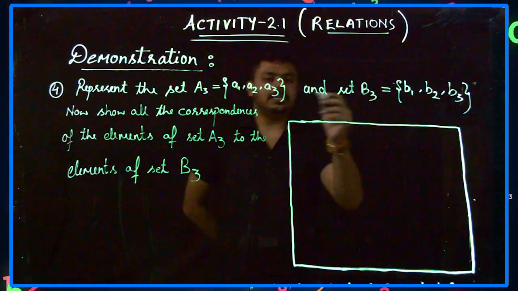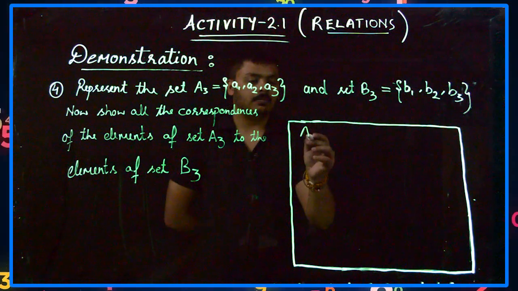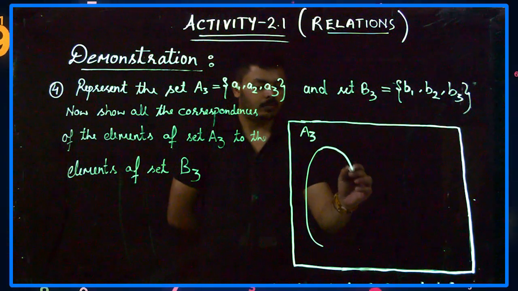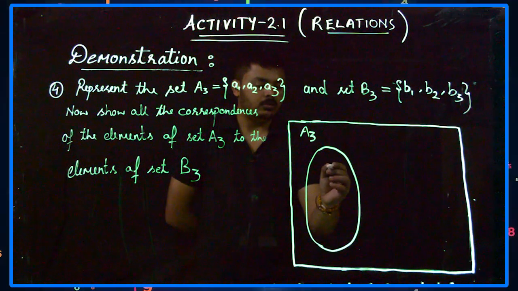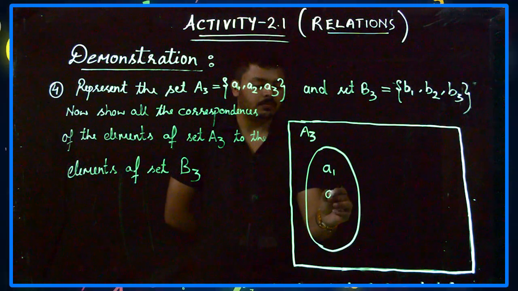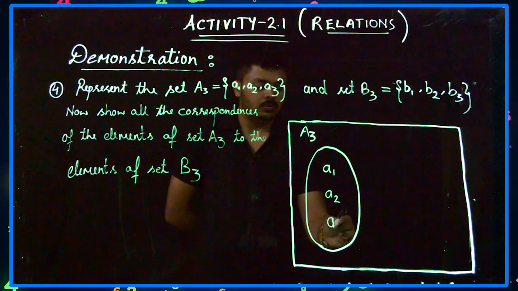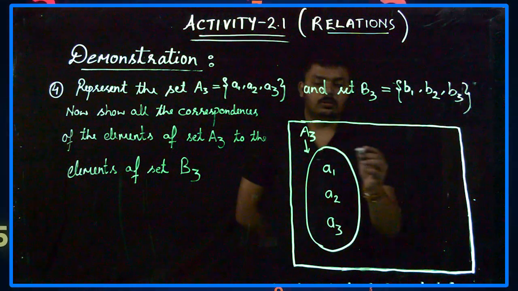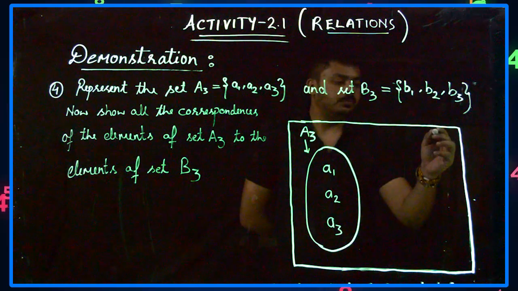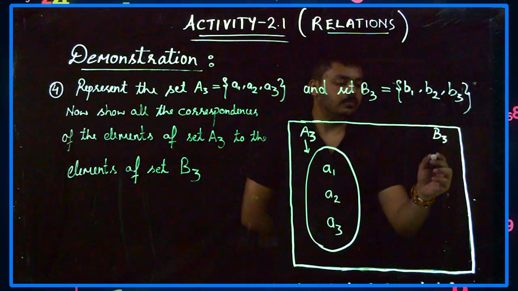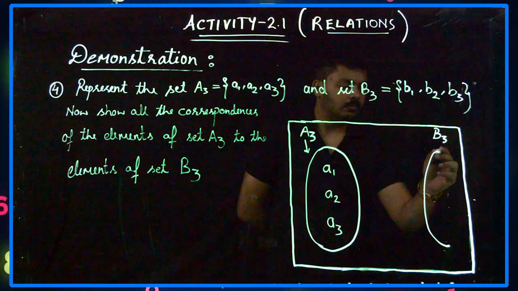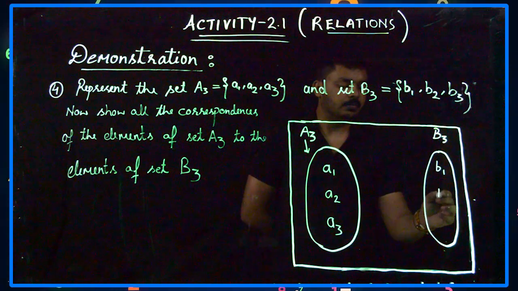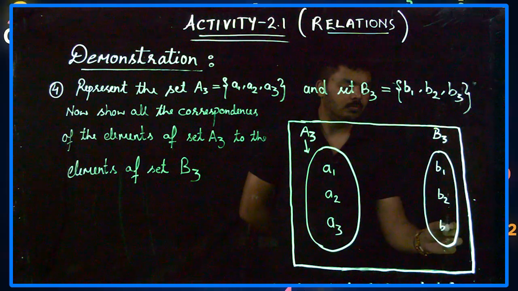So now let's represent first set A3. So the elements of set A3 are A1, A2, A3, similarly set B3, and the elements of set B3 are B1, B2, B3.